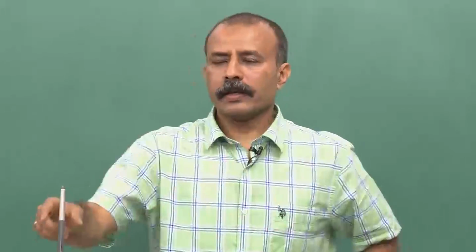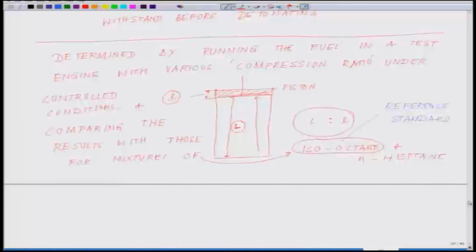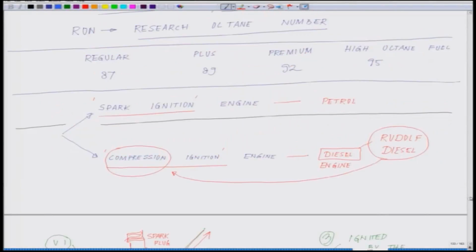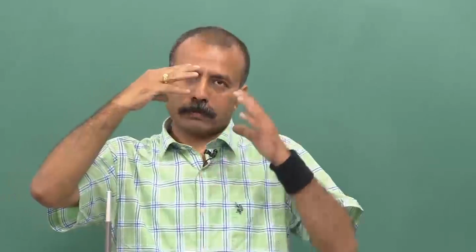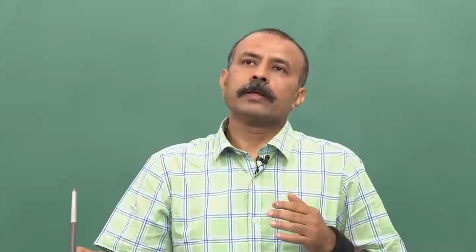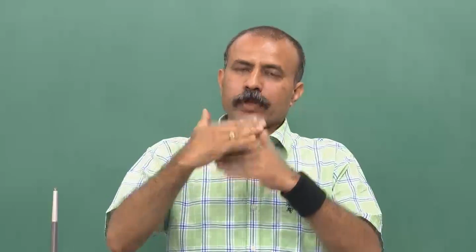Based on that scale, now let me go back where I started. These are the numbers what you see, regular 87, plus 89, premium 92, high octane fuel 95. What does this signify? This signifies that these different kinds of fuel grades decide how much you can compress this particular fuel with respect to other.